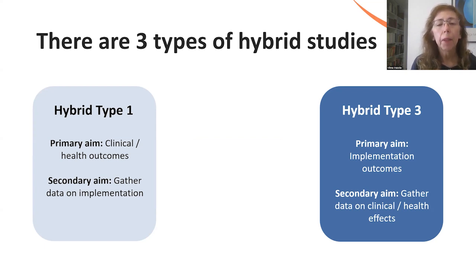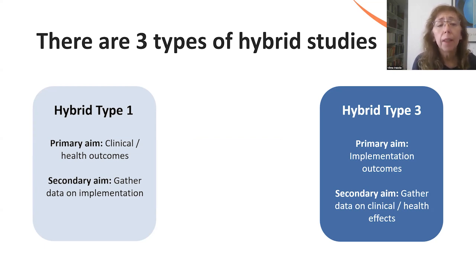For example, clinics might be randomized to receive different sets of implementation strategies, perhaps varying in terms of who delivers the intervention. Let's say, for example, nurses versus community health workers, or the intensity of the intervention. For example, different frequencies of text messages, and so forth.